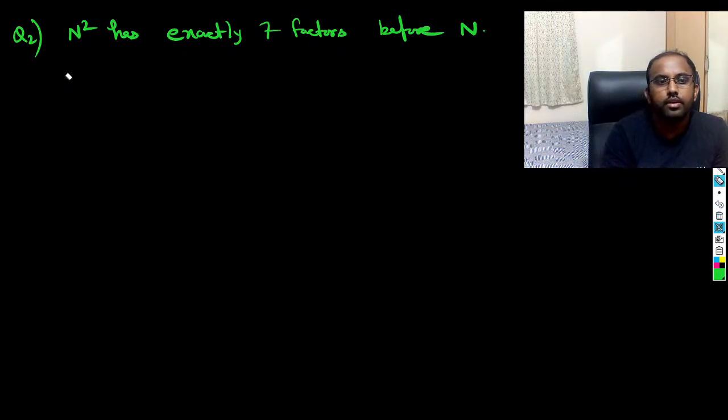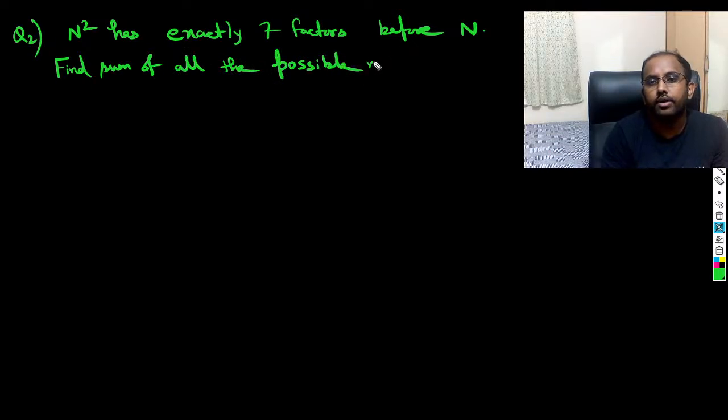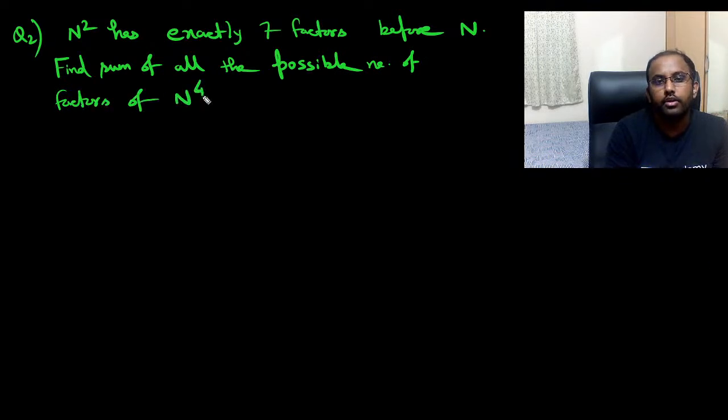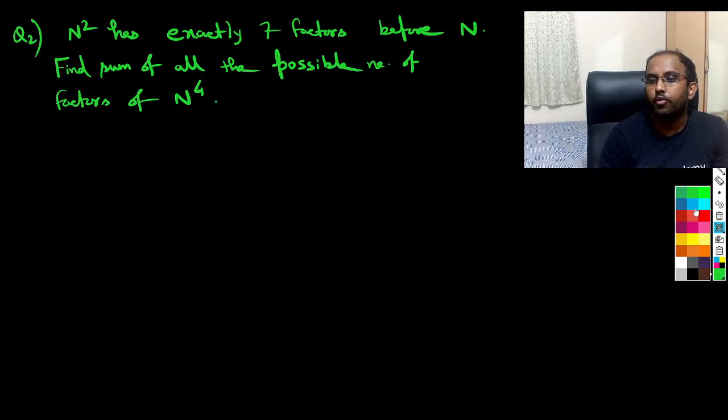The question was to find the sum of all the possible number of factors of n raised to 4. It doesn't matter, it is n4 or n3. Okay, we can improvise a bit.